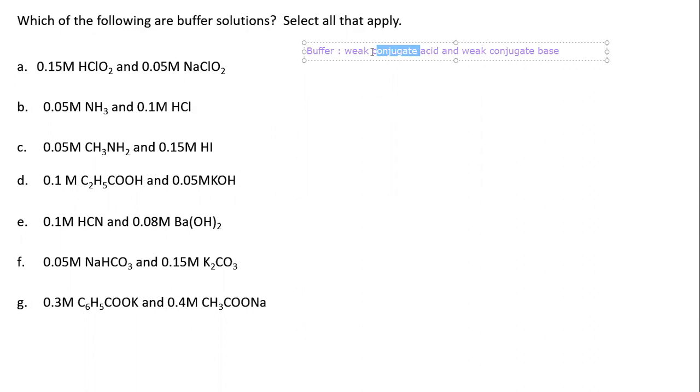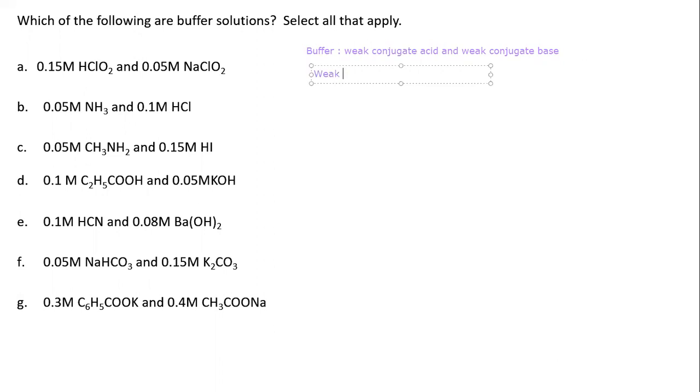However, there could be some occurrences where as long as you have a weak acid and a weak base, that would still form a buffer, but generally, when we're talking about buffers, we're talking about a weak acid and its corresponding conjugate base. Now, when we're given different concentrations of the acid and the base, only the following would form buffers.